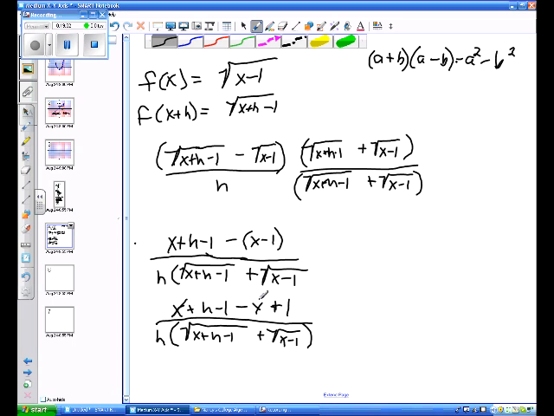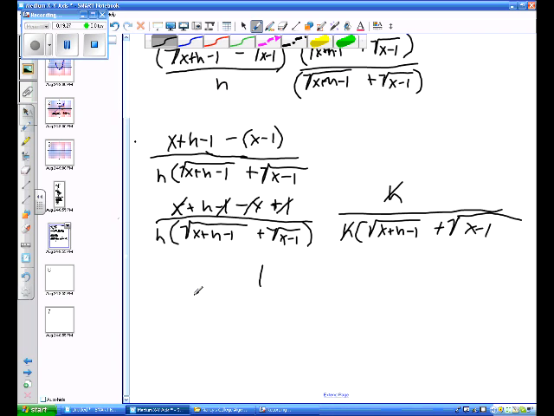Well, notice in the numerator, my x's cancel, my 1's cancel, and I end up with h over h times the square root of x plus h minus 1 plus the square root of x minus 1. My h's will cancel, and so my final answer then is 1 over the square root of x plus h minus 1 plus the square root of x minus 1.